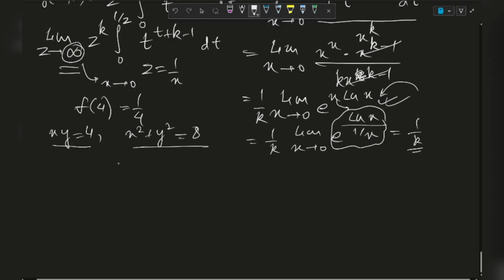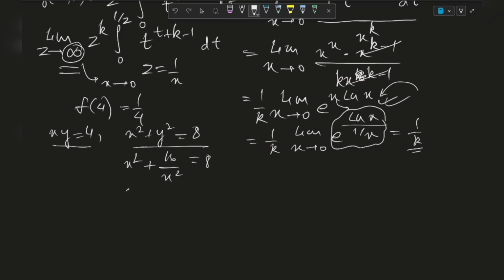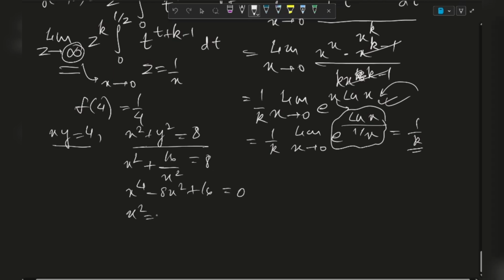This is pretty simple stuff. What we can do is x squared plus 16 by x squared equal to 8. So x power 4, 8x square come this side, minus 8x square plus 16 equal to 0. So this is basically x square minus 4 whole square. So x square is 4, so our x is plus minus 2. And from here, y is also plus minus 2.